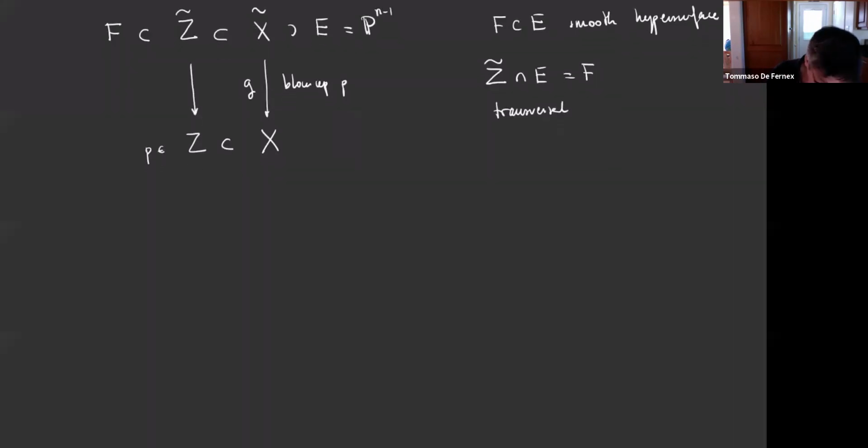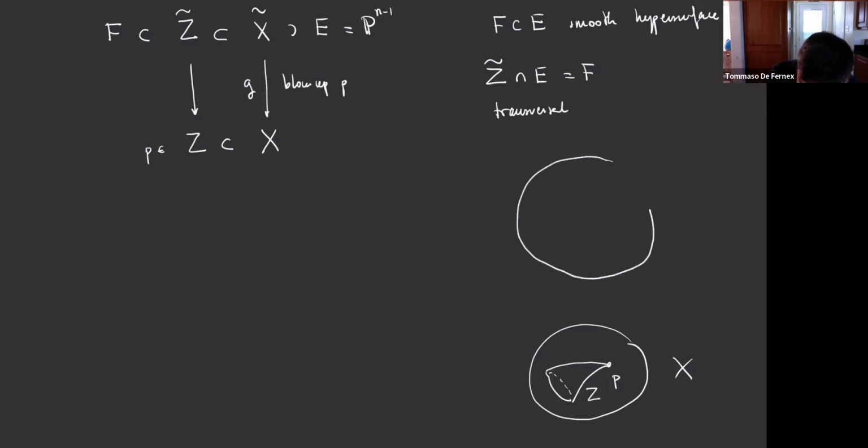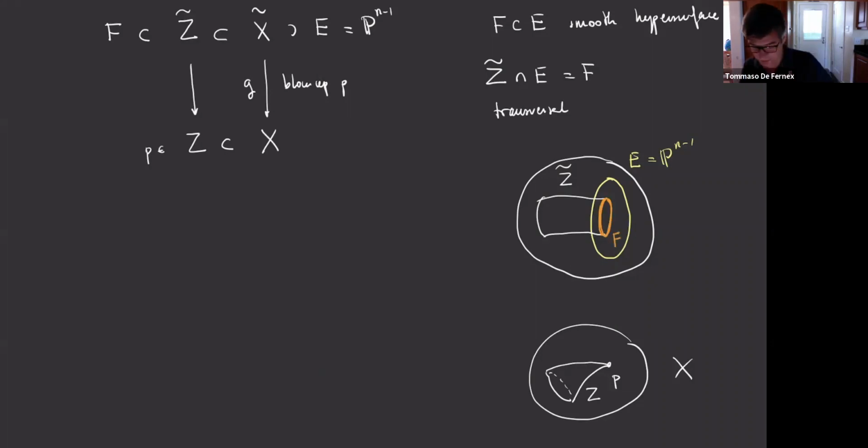So I can also do a picture. So you have X here, and then there is this P, and this is how Z looks inside X. And now what we do is that we are blowing up the point P. So when we blow up the point P, we extract a divisor E, which is some projective space, and Z has a proper transform Z tilde, which is the blow up of Z at point P. It will intersect E along some F, which is embedded, and the intersection is transversal.